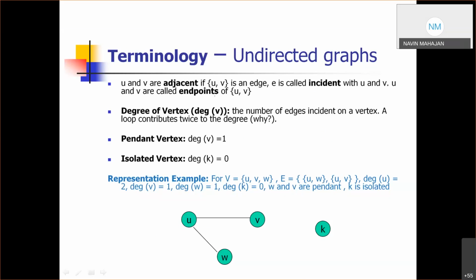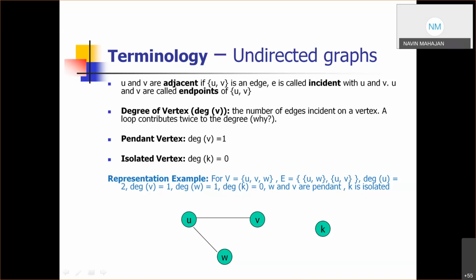So what are the adjacent nodes here? In this particular graph, u is adjacent to v and v is adjacent to u because it is an undirected graph. What is incident? Edge e is called incident with u as well as v.